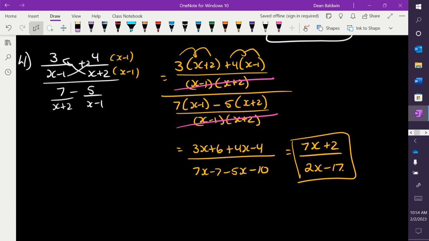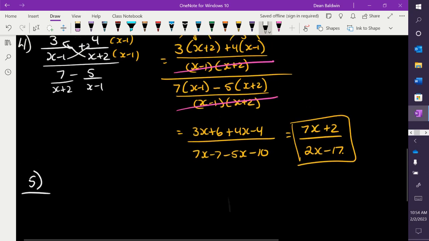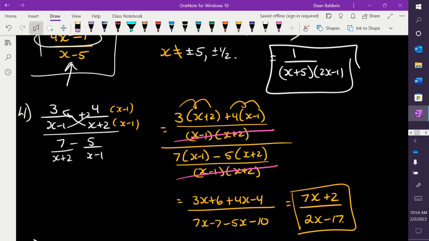Is that right? Or do people agree, I guess? Do we have a consensus? Okay. Last one. Oh, restrictions? Oh, okay. What are the restrictions? What is x not allowed to be?